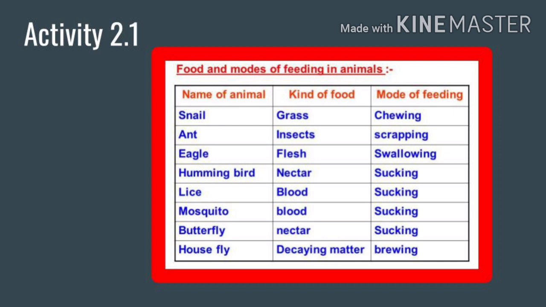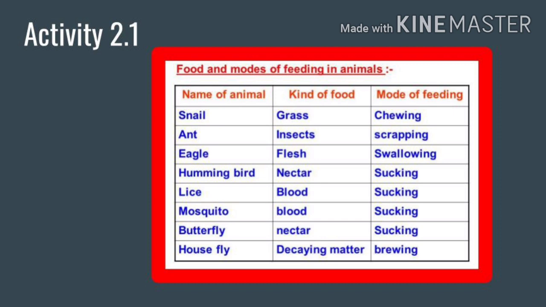The first animal is snail. Snails eat grass and they chew the grass. So, chewing is the mode of feeding. Next one, ant. Ants eat smaller insects and their mode of feeding is scraping.